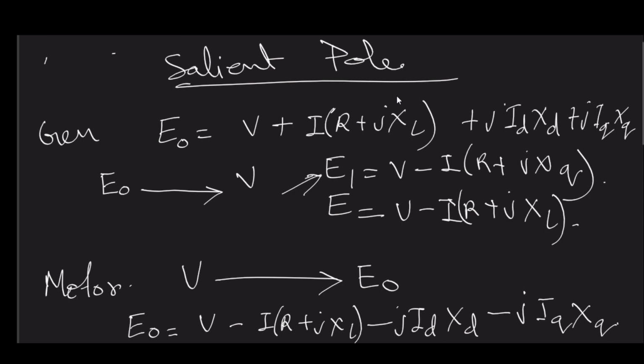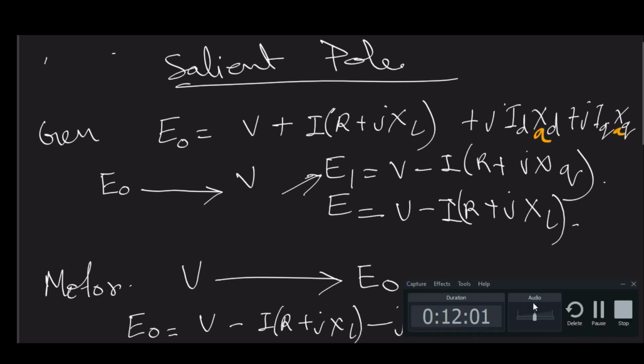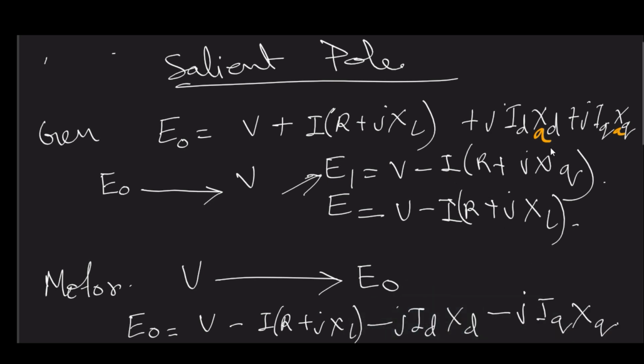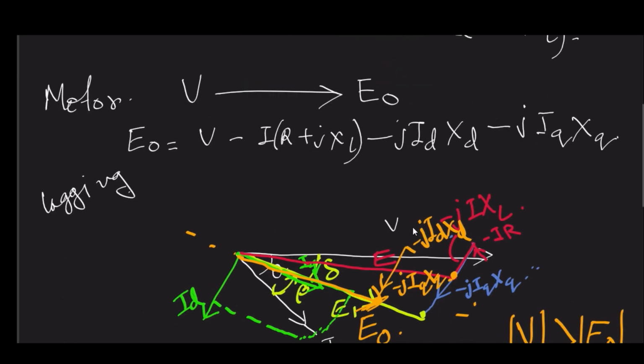If you consider XL separately, then XAD, XAQ; just a minute. Yeah, sorry, I just made a small mistake. Please correct yourself. Either it should be V minus IR minus JID XD minus JIQ XQ, or if you write JXL here, then you need to write XAD, XAQ. Otherwise, all the other equations are correct.